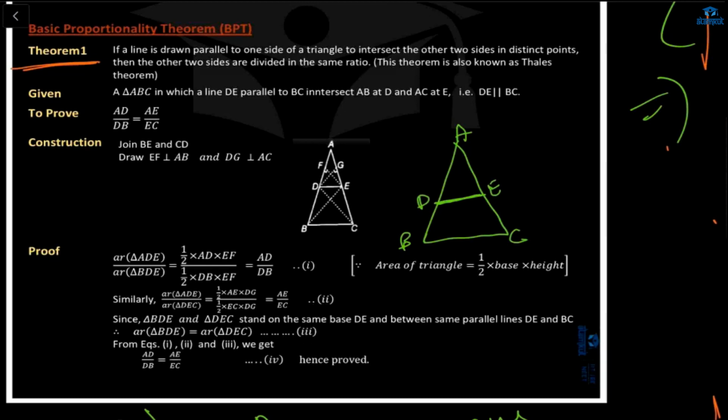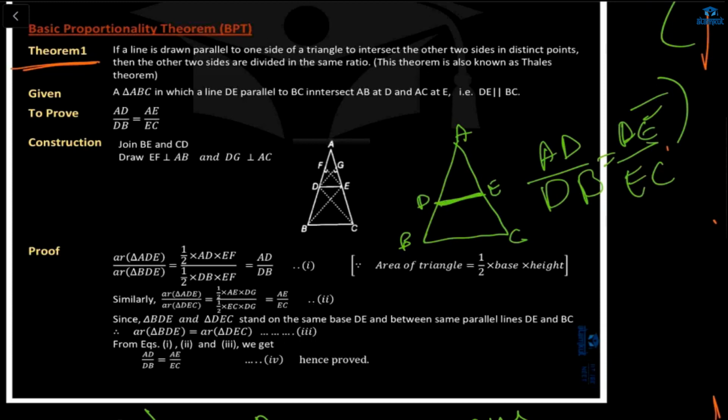That AD by DB is equal to AE by EC. This is your basic proportionality theorem. If a line is drawn parallel to one side of a triangle to intersect the other two sides in distinct points, then the other two sides are divided in the same ratio.